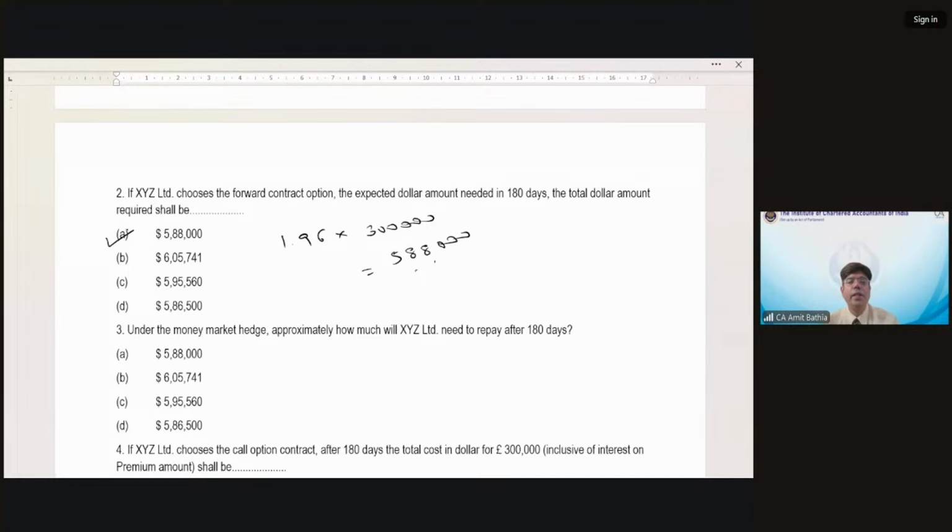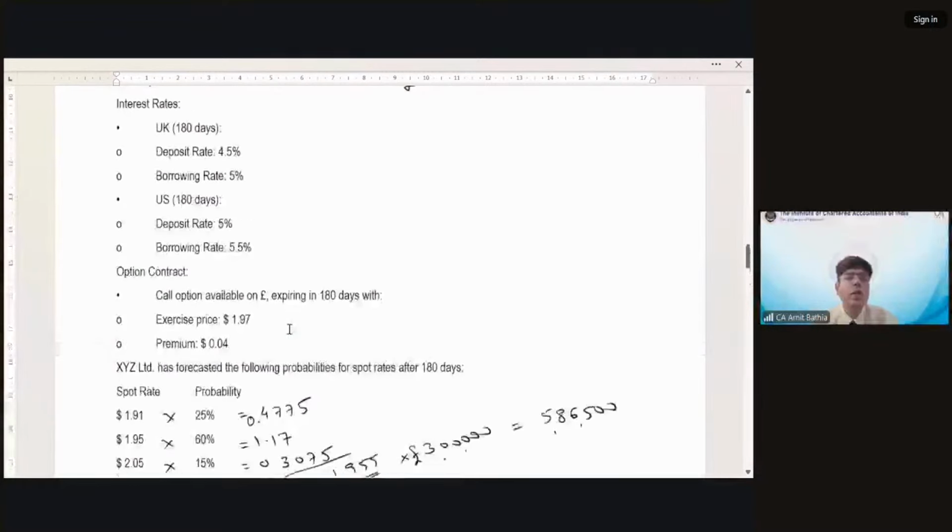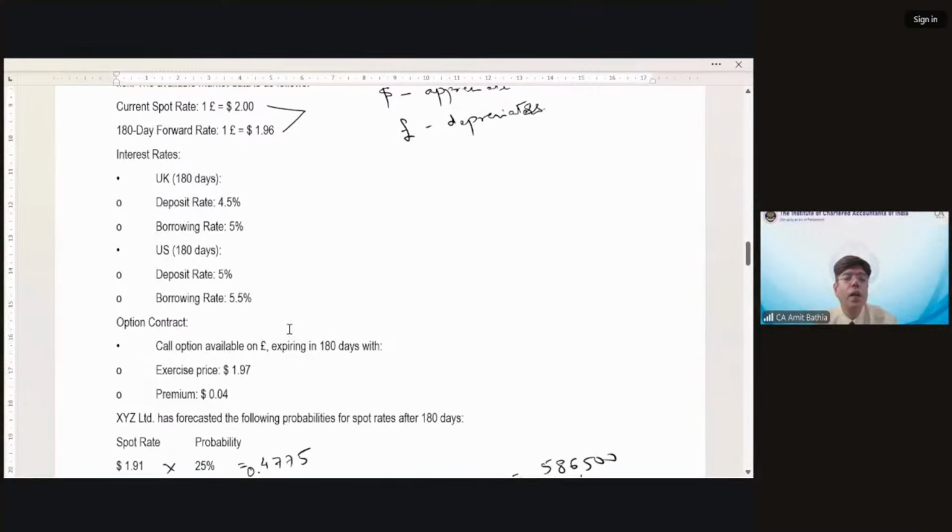Under the money market hedge, approximately how much will XYZ Limited need to repay after 180 days? So what is the money market hedge options available over here?